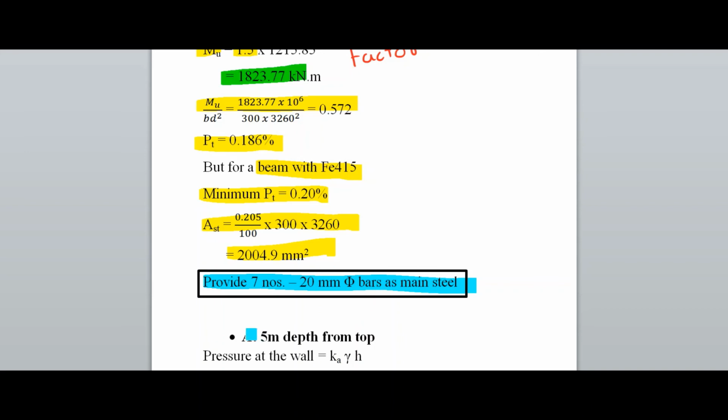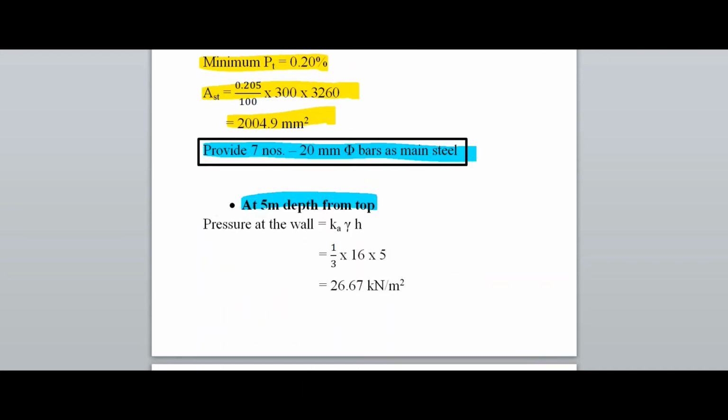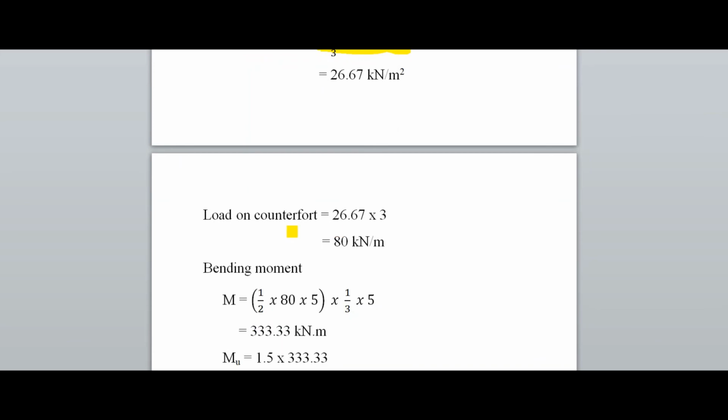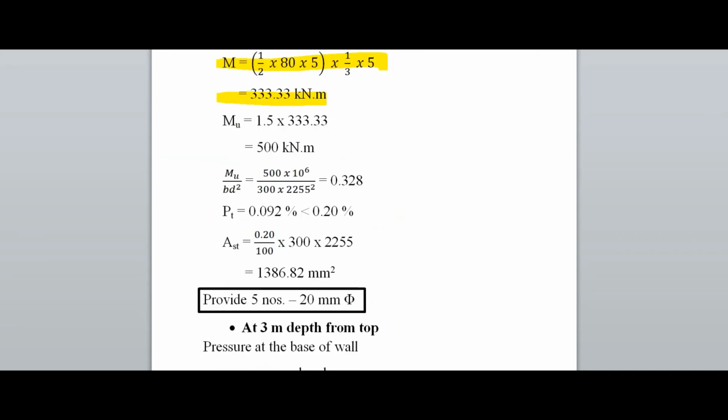Now we are going to design for the 5 meter depth from the top. Same thing, just the height is changing. So the load will change and the bending moment will change, just with the change in height, and we can find the pt, and finally we found 5 bars of 20 mm diameter. Reducing the reinforcement means reducing the cost.